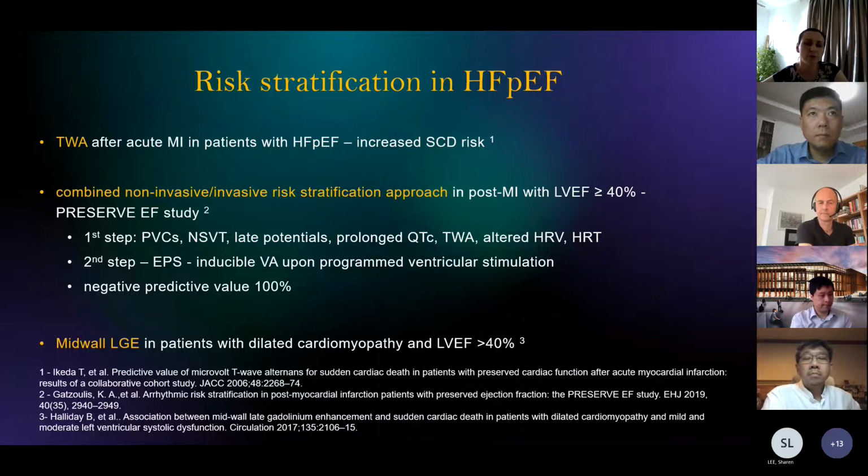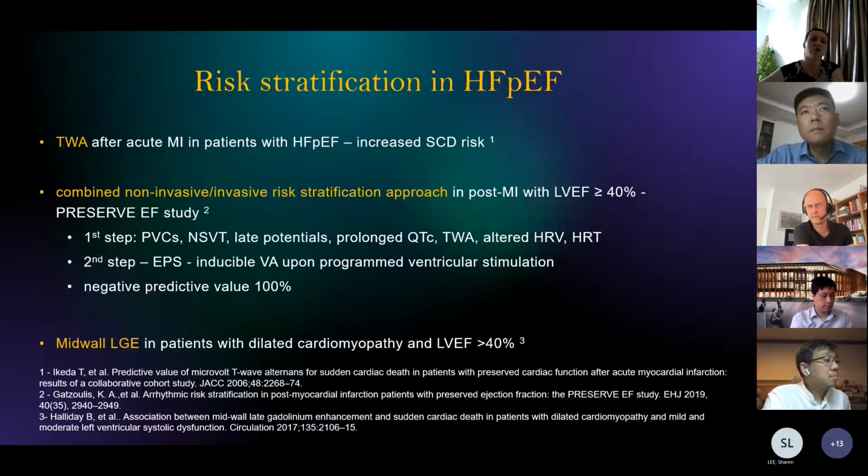The first step with non-invasive markers, and the second step, for those who had one risk factor in the first step, with electrophysiological study. And also magnetic resonance imaging can be helpful for patients with dilated cardiomyopathy with mildly reduced or normal ejection fraction.